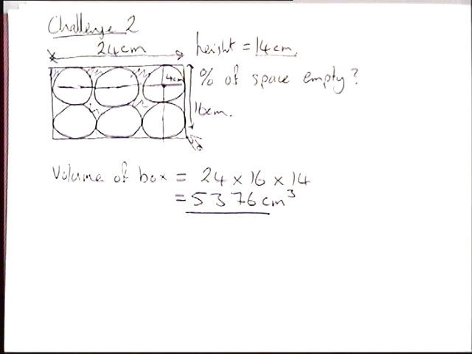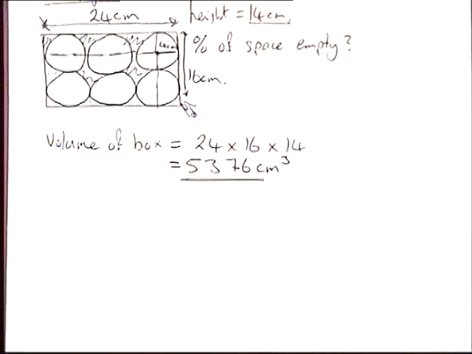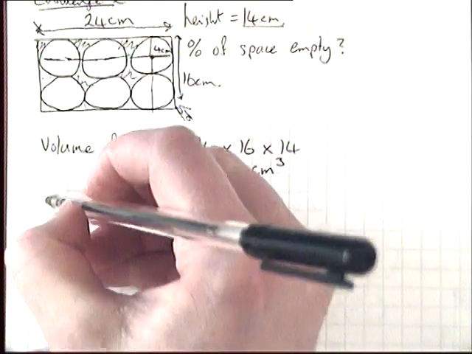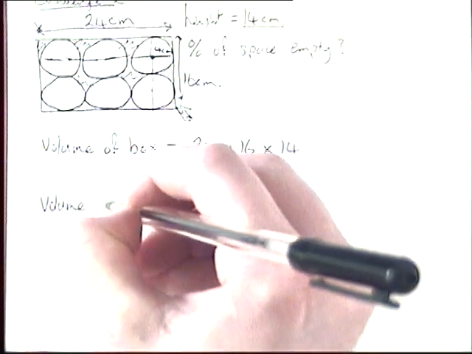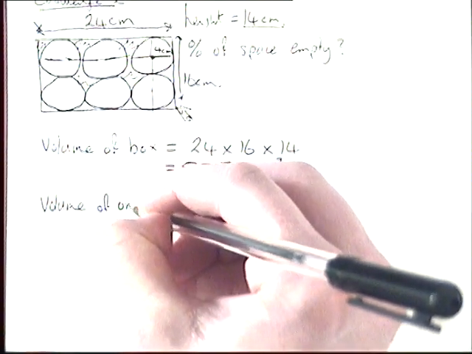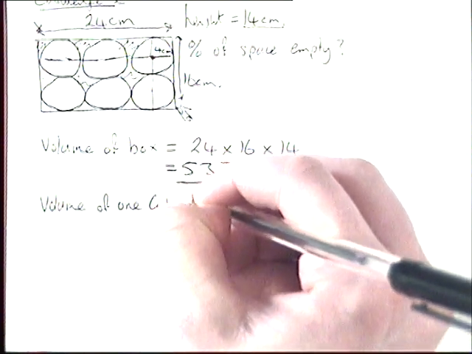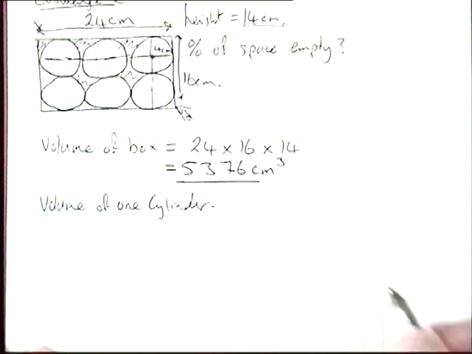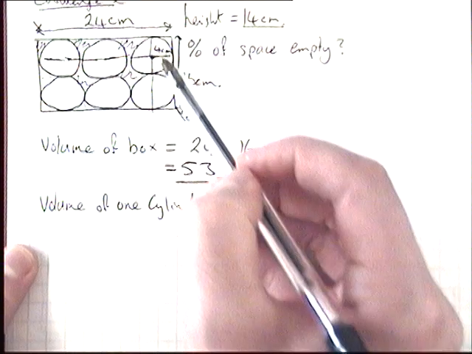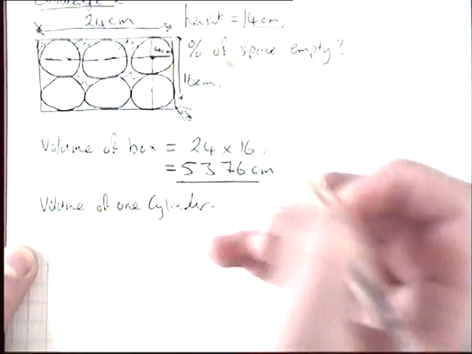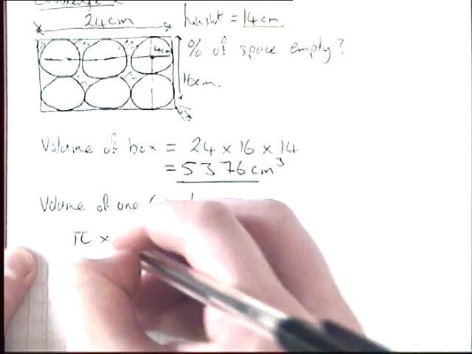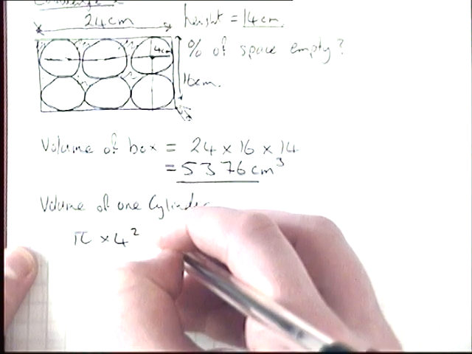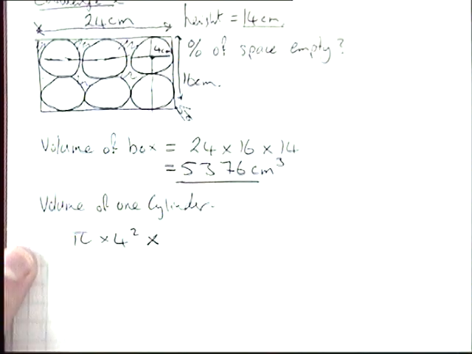So now we need to work out the volume of our cylinders. So we'll start with the volume of one cylinder. So we're going to find the area of the top of one of our cylinders first. So pi times 4 squared, and then we're going to times that by how long our cylinder was.